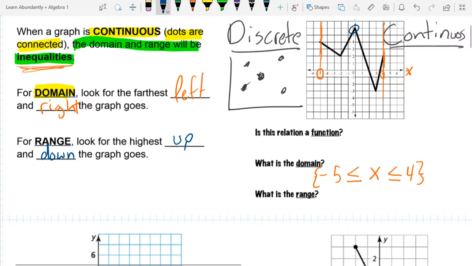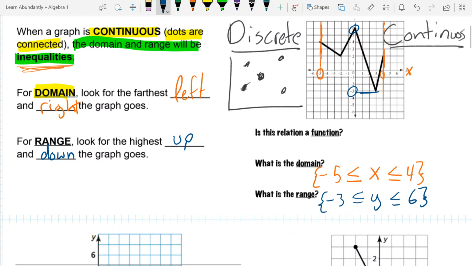And the lowest point is at -3. So again, I'm going to put it in order with the lowest one first, from -3 to 6. And then we have an inequality, so I'm going to put the y in the middle because we're dealing with range, and do less than or equal to for both of them. And curly braces.